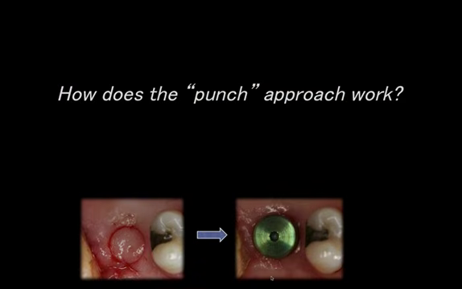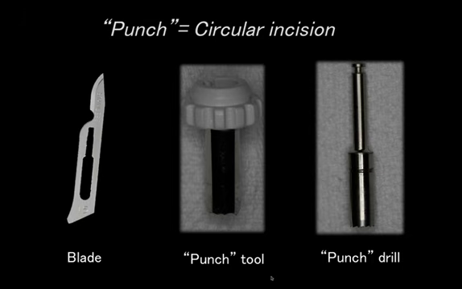So this type of approach is very commonly discussed and shown and presented, but we really talk very little about how it actually works. So when we talk about the punch access, we're dealing with a circular incision that can be achieved in 3 ways, either with a blade or using a dedicated punch tool or a punch drill that connects to your handpiece, which is relatively simple.